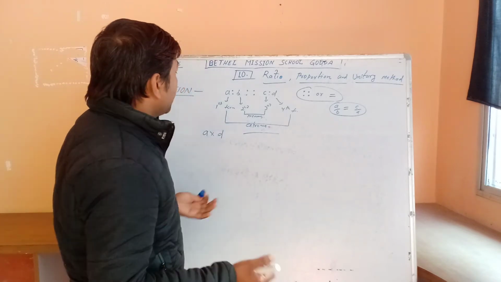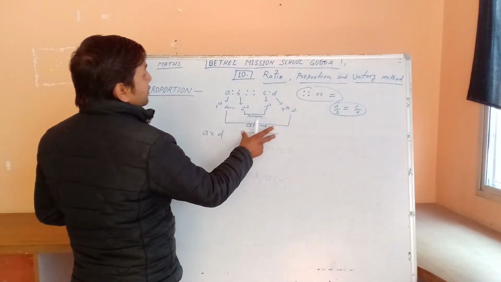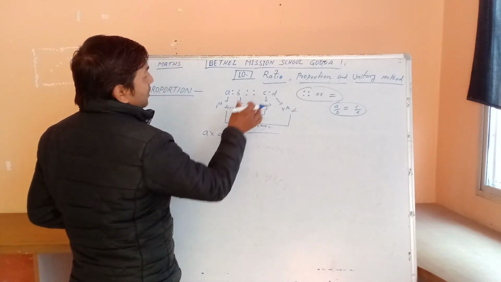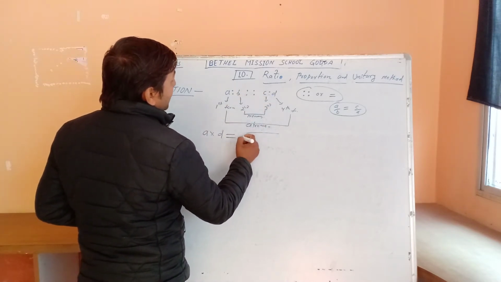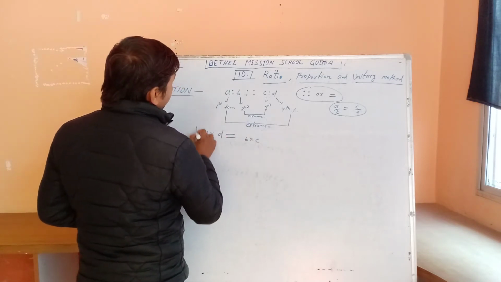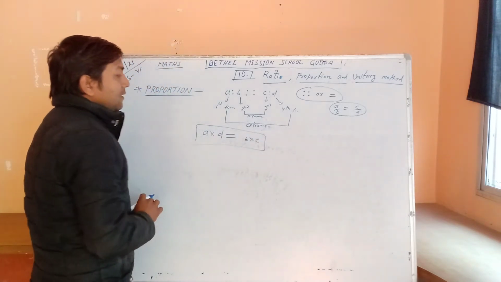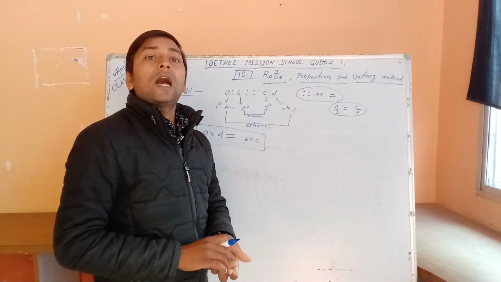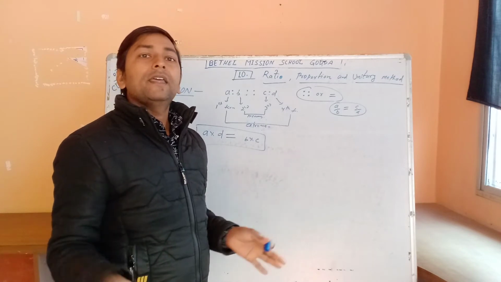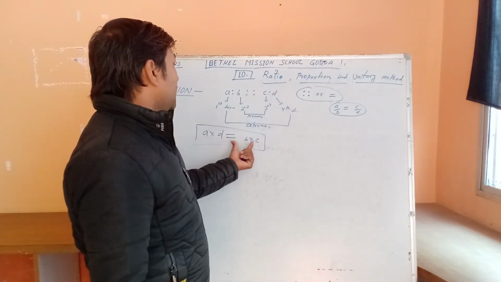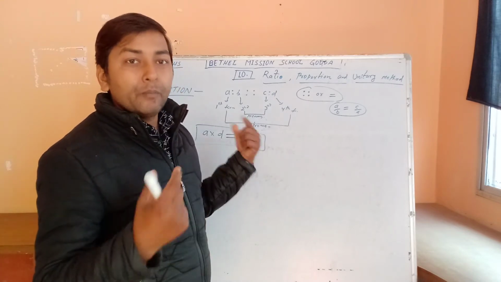Okay, and there is one theorem that the product of extremes will be equal to the product of means, B into C. Two ratios are in proportion if the product of extremes equals the product of means.